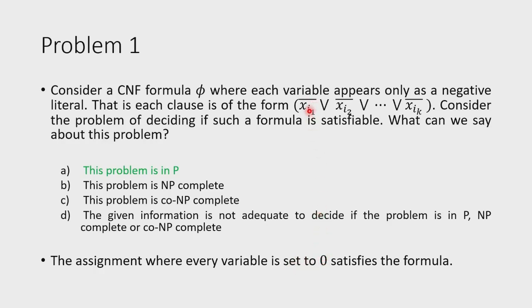If I set every variable to 0 in this clause, what do I get? It is an OR of 1s, right? So every clause would become an OR of 1s, and an OR of 1s is just 1. So the entire formula would be just an AND of 1s, which is 1. So this very simple algorithm of just setting every variable to 0 solves this problem.